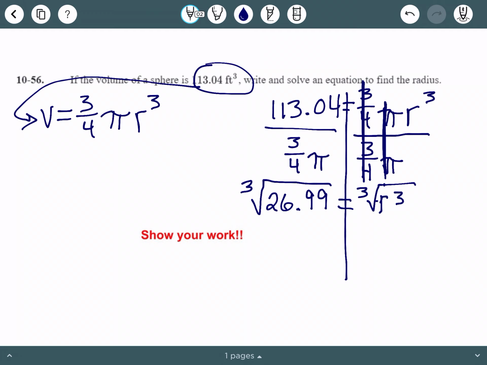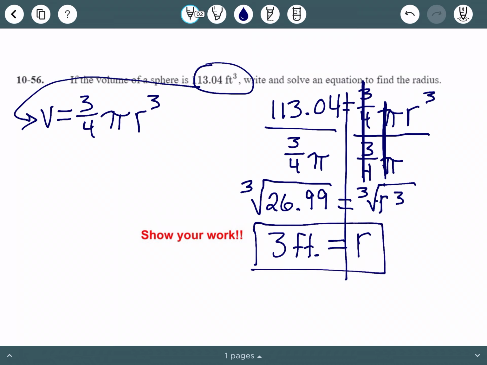So we can round to 3. And that is equal to our radius. Actually, we want to say 3 feet because we don't want to forget our label. Now it's not cubed because we're talking about the radius here, not the volume. It's just 3 feet.